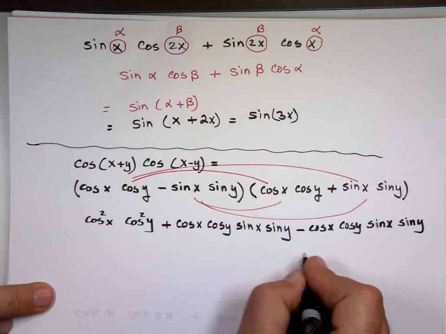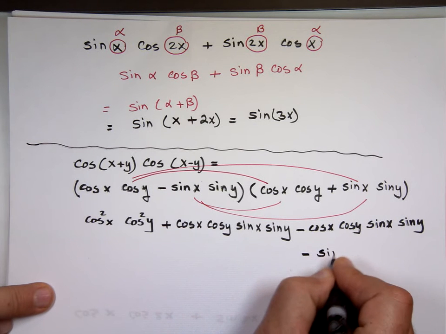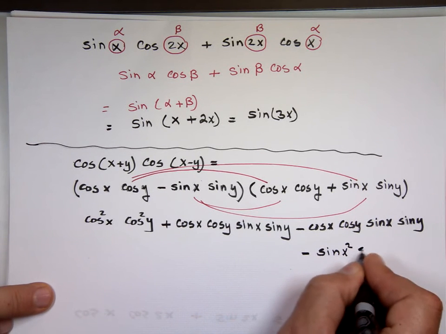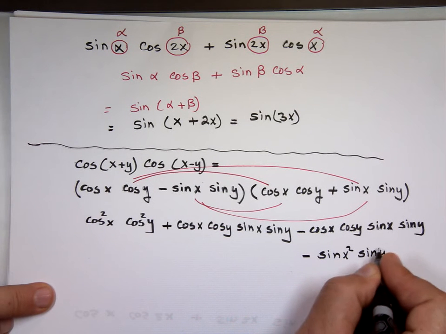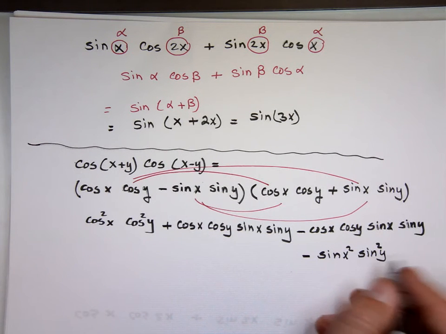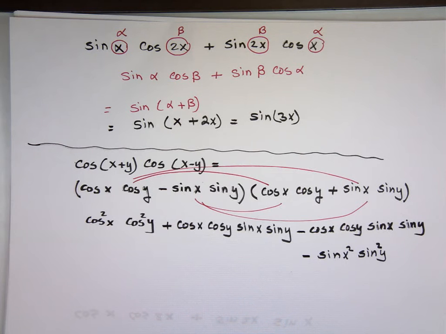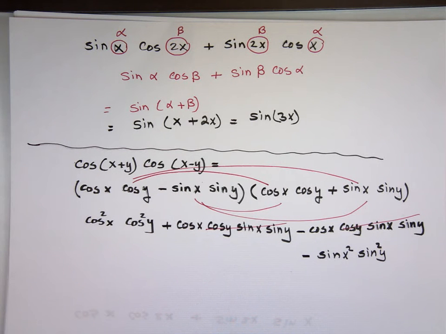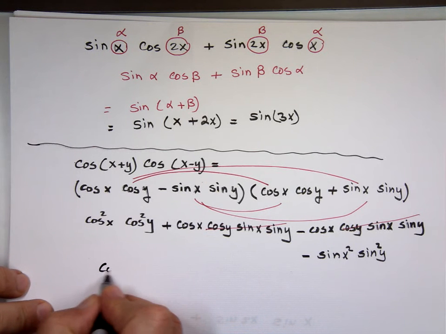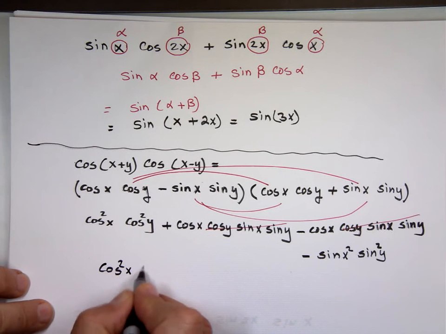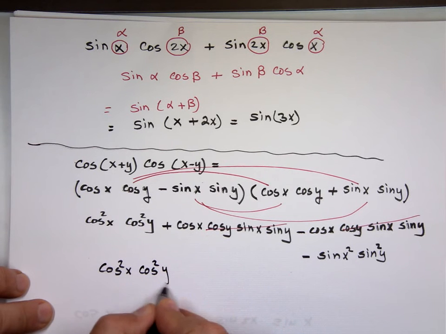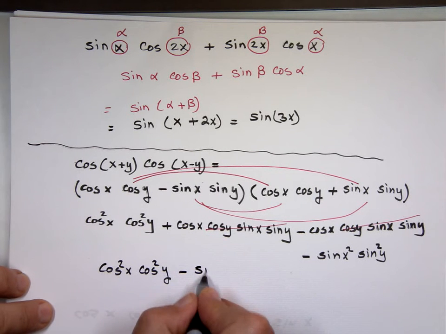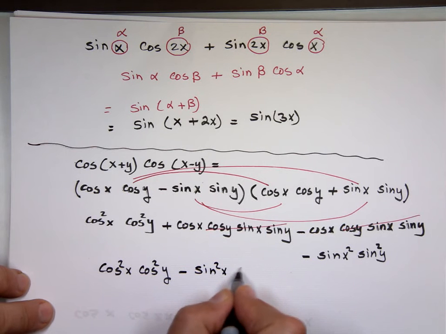Negative sine squared x, sine squared y. Don't these two cancel each other out? So what's left? Cosine squared x cosine squared y minus sine squared x sine squared y.